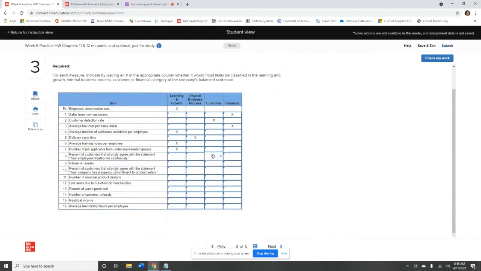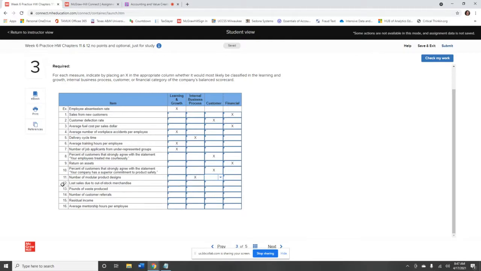Are they coming back, or do they quit coming? So that's a customer measure. Return on assets, pretty clearly a financial measure. Percent of customers that agree strongly your company has superior commitment to product safety. That's how much consumers like our product, so we're going to call that a customer measure. Number of modular product designs. That's our business processes, right? That's how we do things.